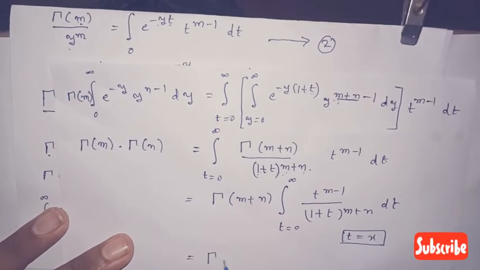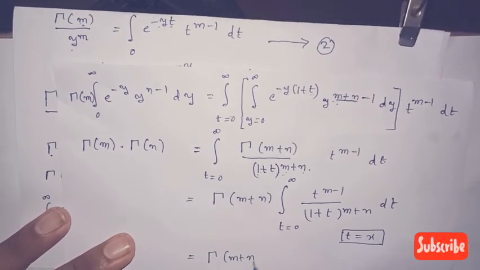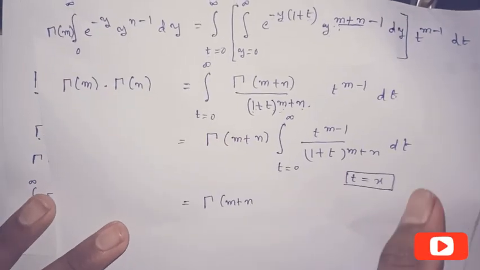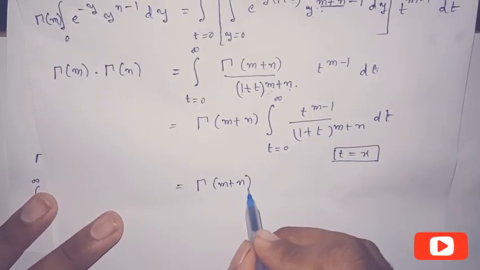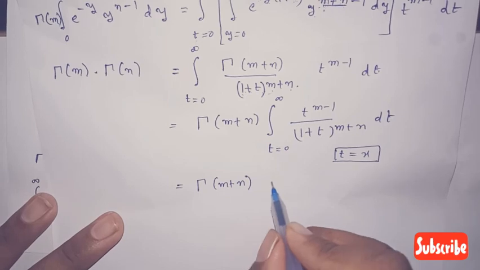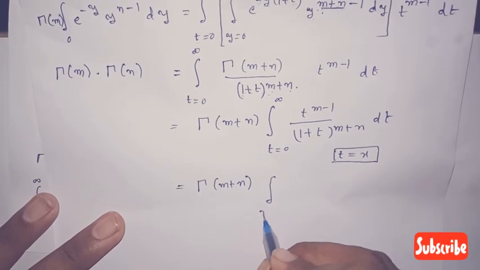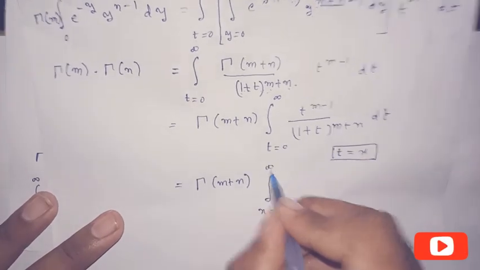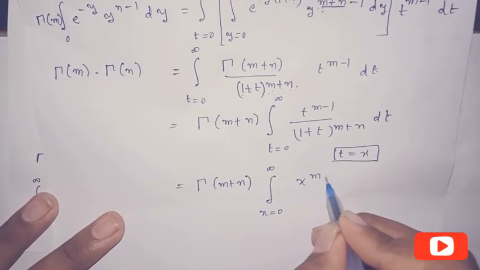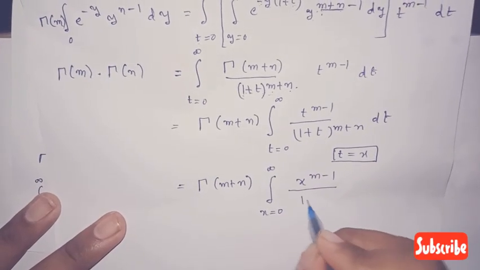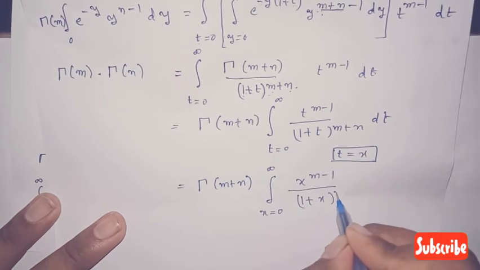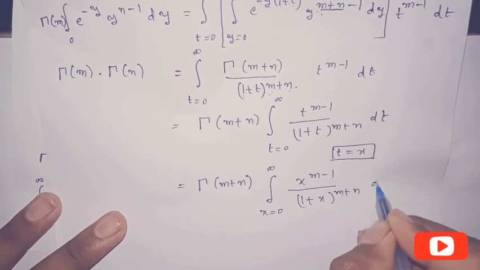Therefore gamma of m plus n into the integral with the limits x equals 0 to infinity of x power of m minus 1 by 1 plus x power of m plus n dx.